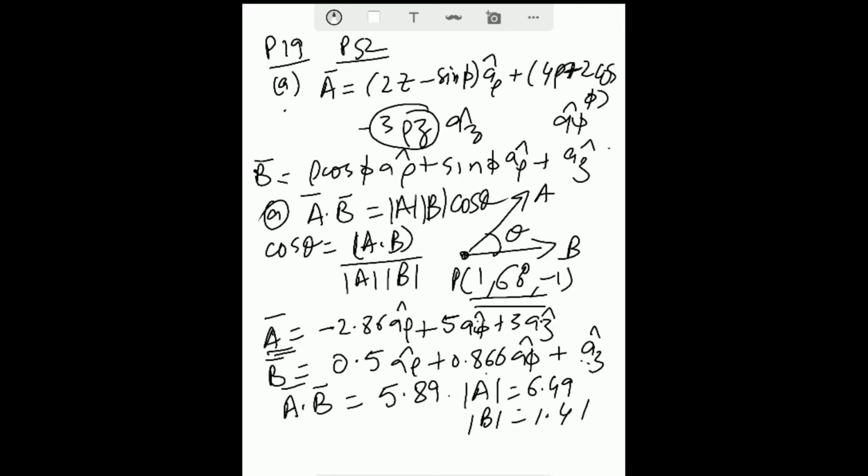and A dot B is 5.89. So cosine theta, I will use this rule here.